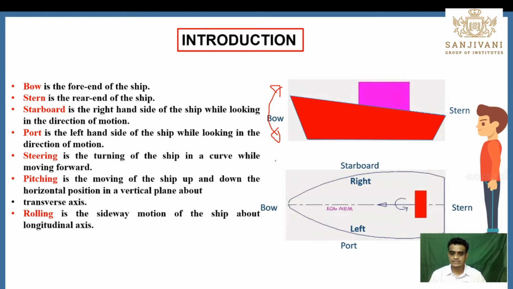Then there is steering towards left or towards right, and rotation of the body about its own longitudinal axis, which is called rolling, because of tidal waves along its transverse axis, which allows the ship to roll along its longitudinal axis.